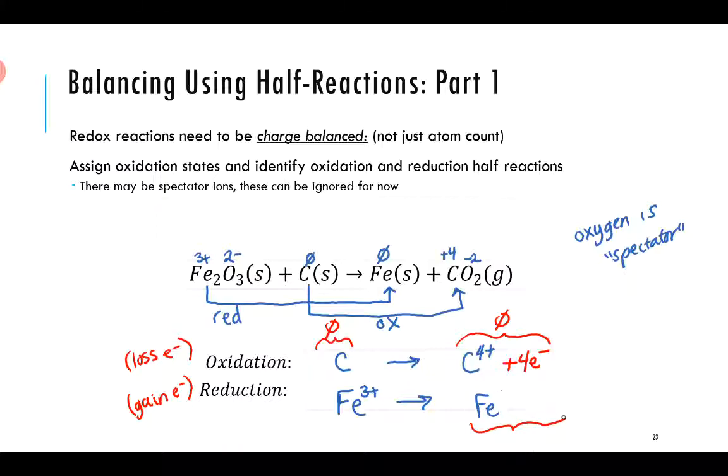The sum of the charges over here is 0. The sum of the charges over here right now is 3+. So we have to add our electrons to the reactant side so that we can make our two sides equal in charge. And so we have to add 3 electrons to our reactant side so that both sides add up to 0. The sides don't always have to add up to 0, they just have to add up to the same number.